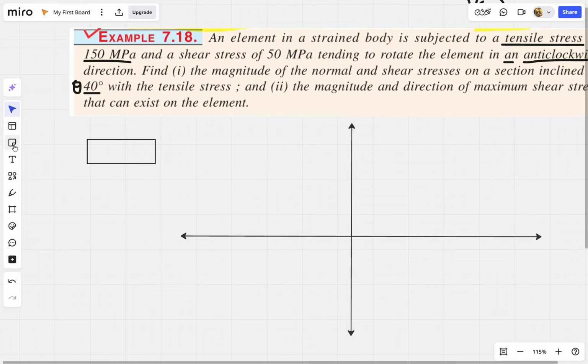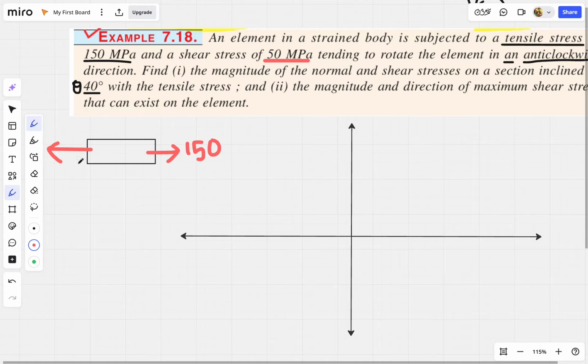On this object we have 150 megapascal, which is the tensile stress. So let this be 150 megapascal. And the shear stress is 50 megapascal, which is tending to rotate the element in an anti-clockwise direction.